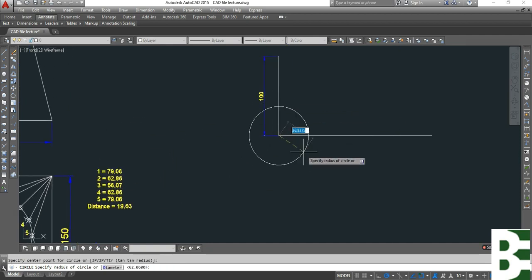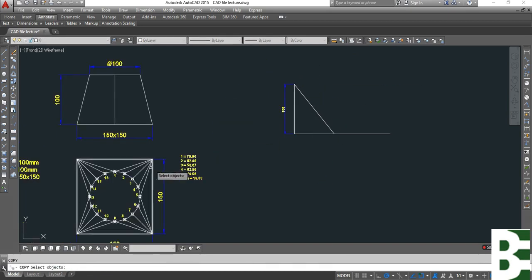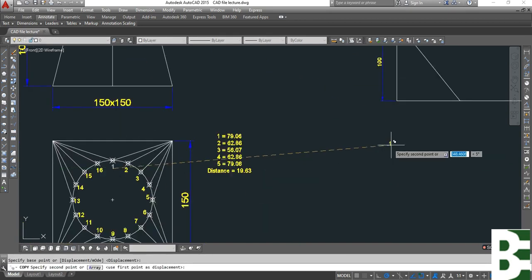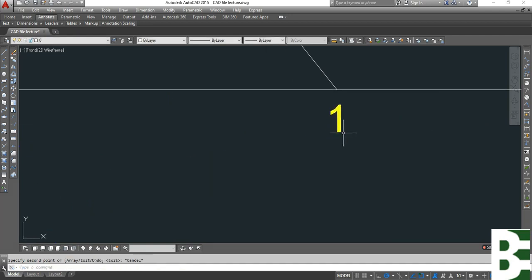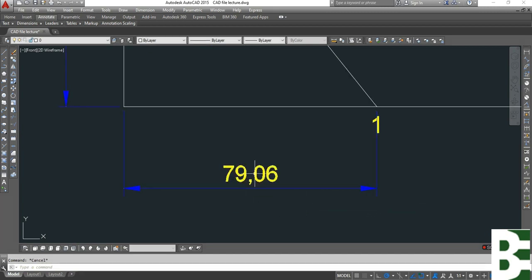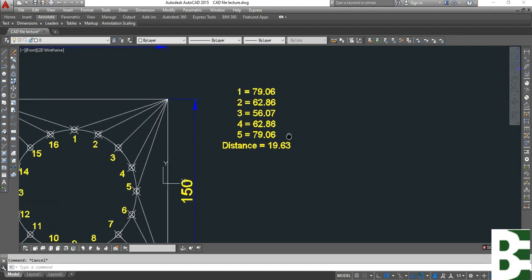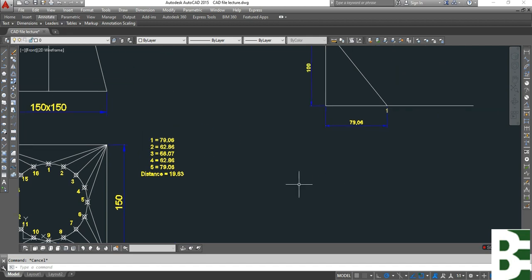Now I will start this table from here. Number 1, I will draw a circle. This is the radius, and this distance from the perpendicular is number 1, and I will draw a line from here to the top. This is 79.06. Look at number 1.